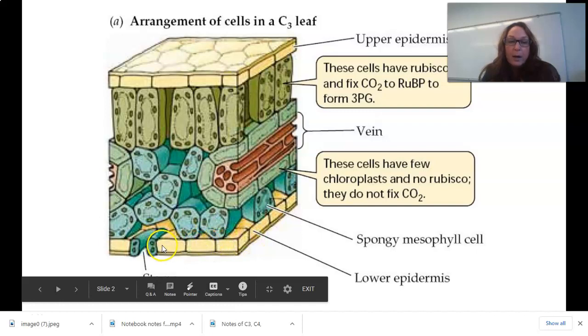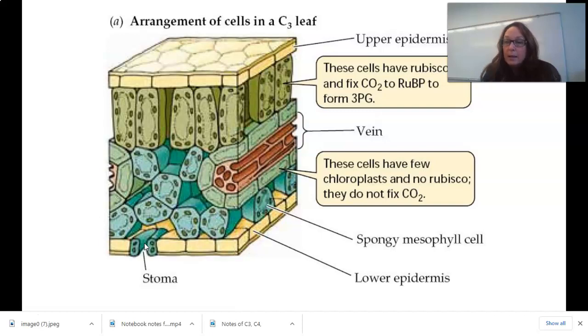And at the very bottom of the leaf, you have these guard cells that make up a stomata, and they open in order to let oxygen and carbon dioxide gases move in and out of the cell. And the problem is, when they're open, water will also leave the plant. And water management is like the major concern of plants.